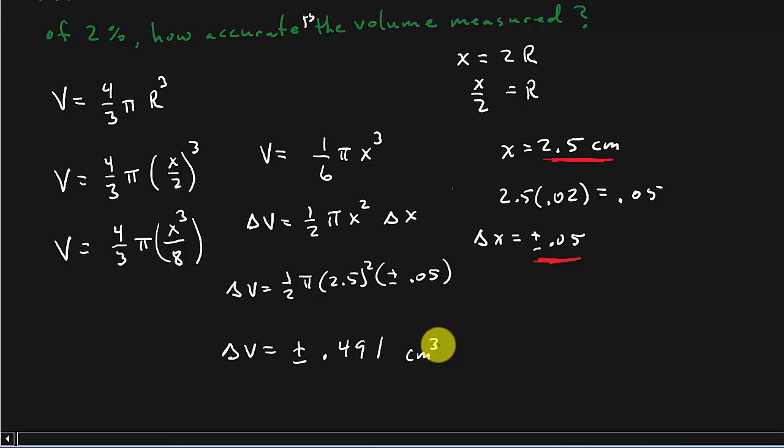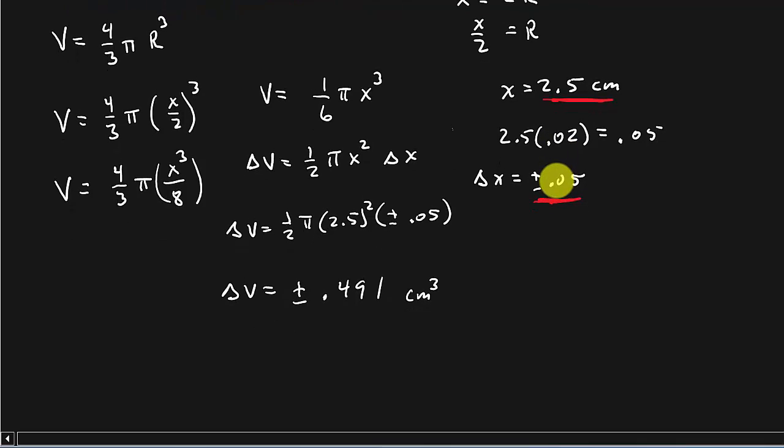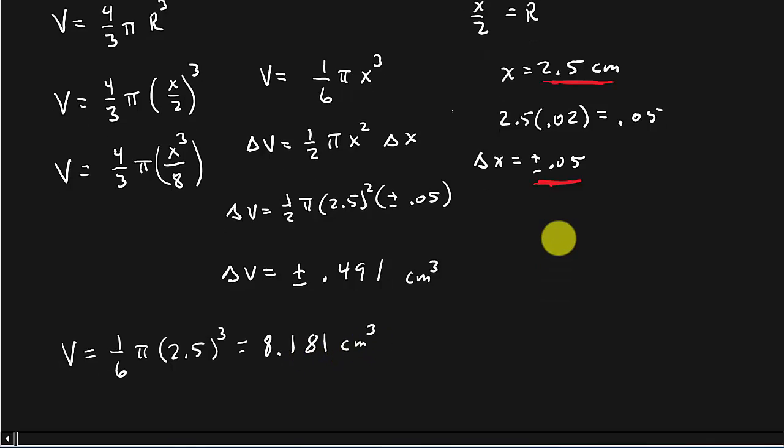All right. So for the actual volume, first I guess we need to get the volume. Let's get the actual volume of this thing, which is 1/6 pi x cubed, which is 2.5 cubed, and that's going to be 8.181 cubic centimeters.